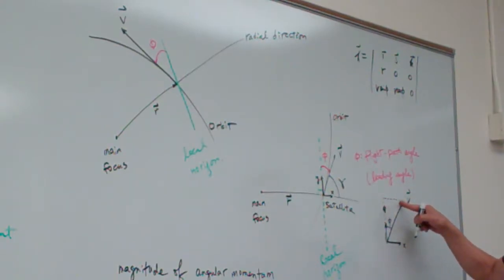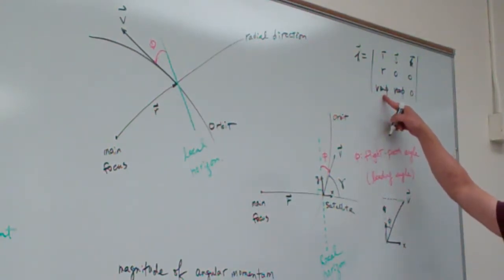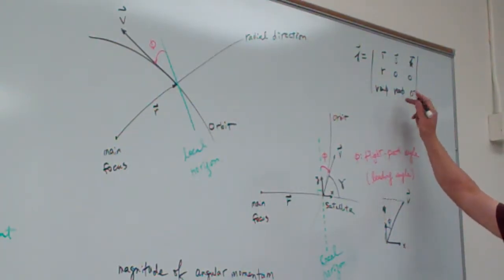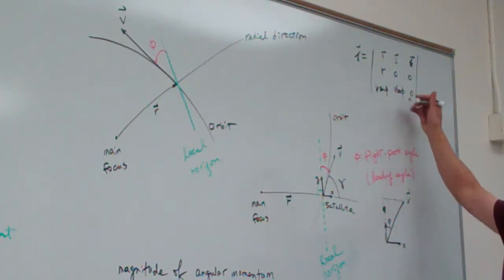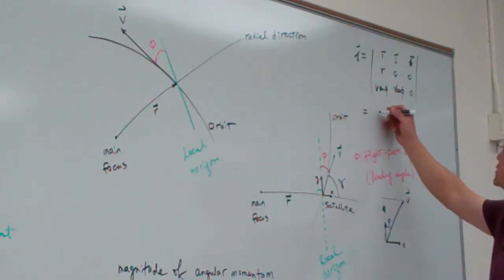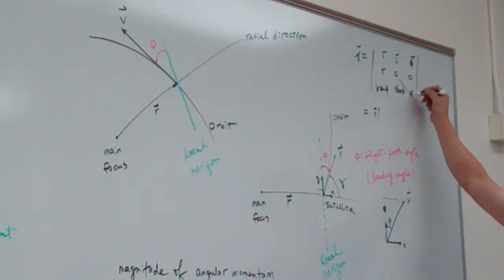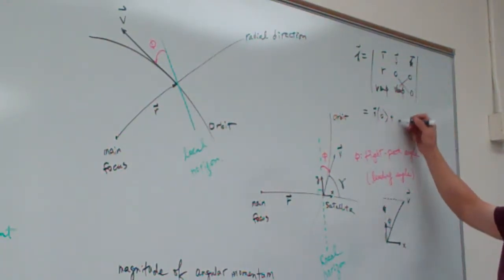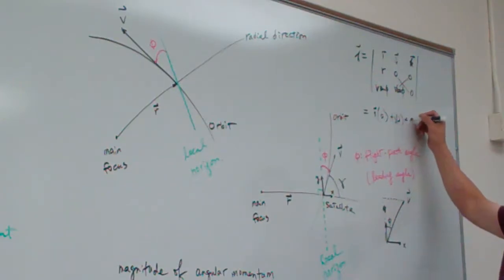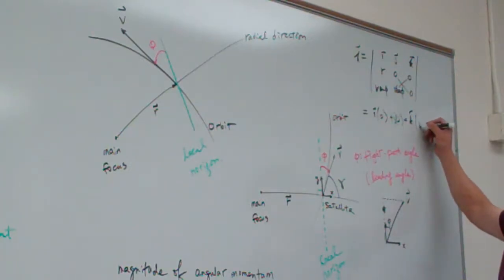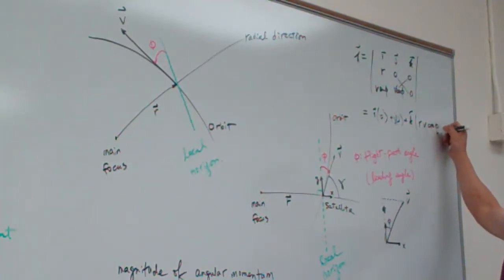This one is the y component, which has v sine phi, right? And this is the other component, which has v cosine phi. So we implement this: i multiplied by 0, j multiplied by 0, and k multiplied by r v cosine phi.